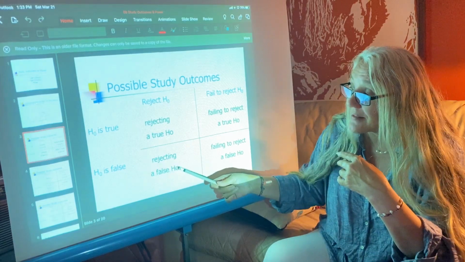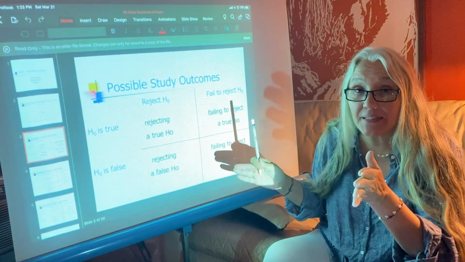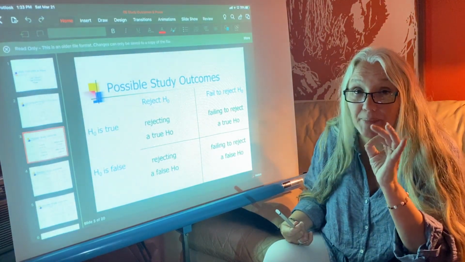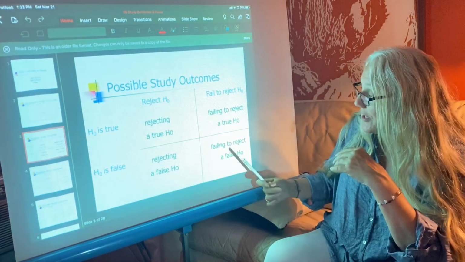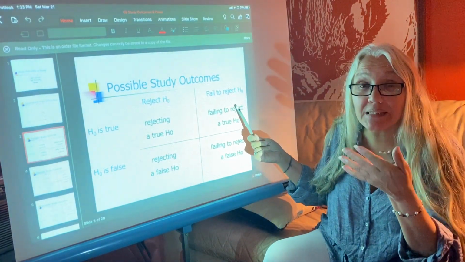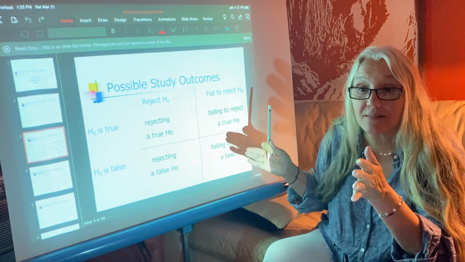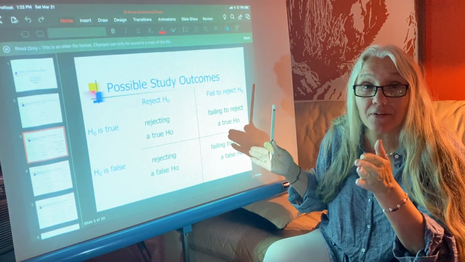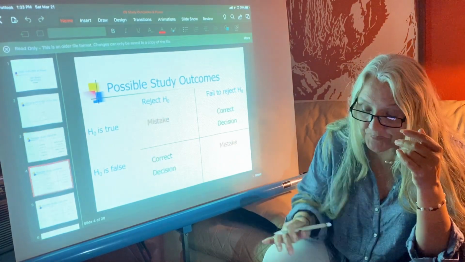If the null hypothesis is false and the means really are separate from one another, and you reject the null hypothesis that says that the means are the same, hey, you've done a great job. If the null hypothesis is false, but you failed to reject it, you missed it. You missed that the means are different from one another, the mu's are different from one another, and you've made a mistake. So let's look.